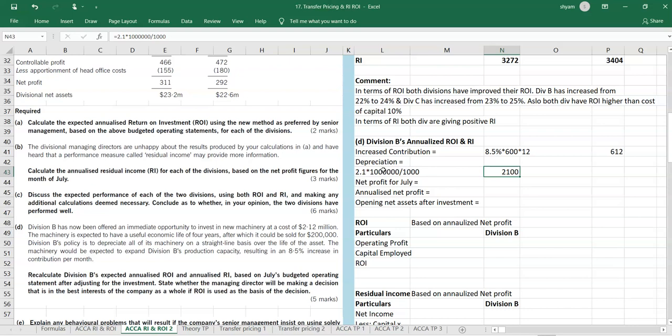Out of this amount, we have to deduct the depreciation. 2100 is the machinery worth, and out of that, sorry, scrap is going to be this number, and the machinery would be used for 4 years. So while working this out, we'll get the depreciation part.